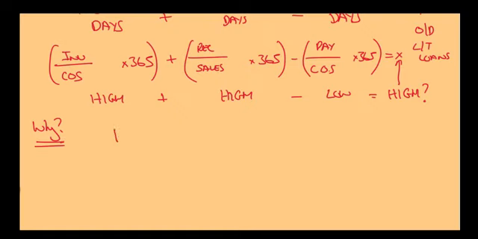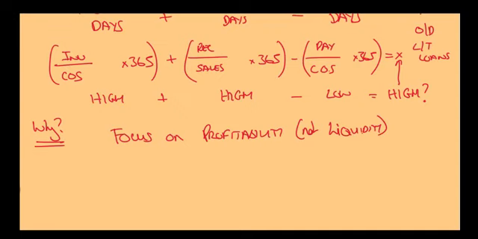Well, as we said, firstly, my focus was on profitability, not, hopefully you can remember, liquidity. I was just focused on being profitable. So I got lots of stock in, I gave big credit terms, and I had lots of receivables.